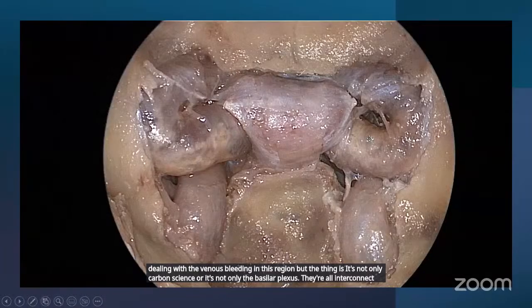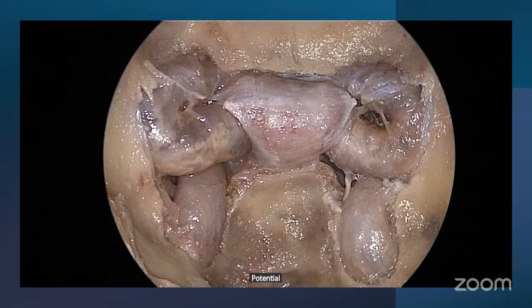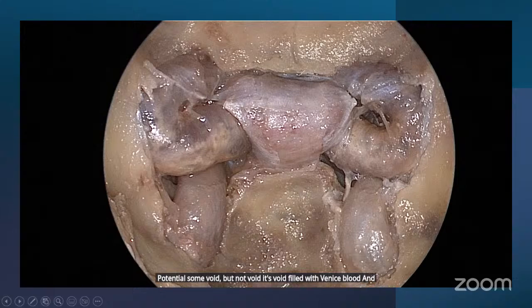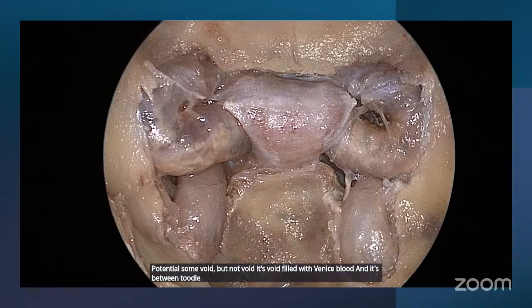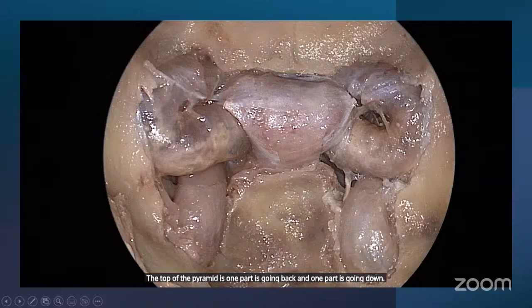So what we know about the cavernous sinus is that it is a potential void, but not a void. It's filled with venous blood, and it's between two dural layers, like a pyramid. The top of the pyramid is one part going back and one part going down, and one of the largest surfaces is facing us.